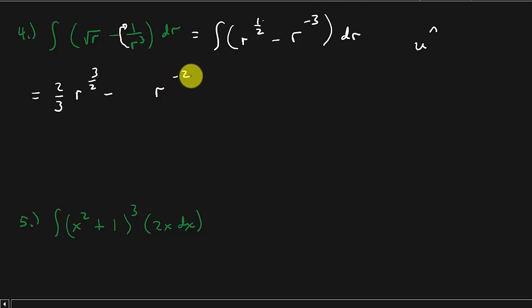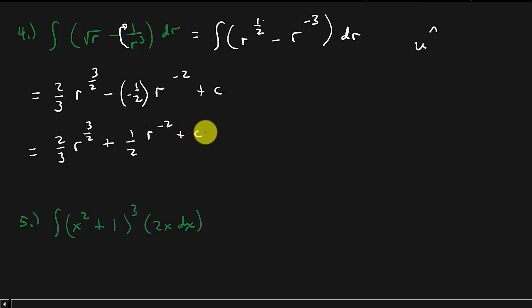And then multiply by the reciprocal of the new exponent, so times -1/2, and that's plus c. And so we clean it up a little bit. So that's 2/3 r to the 3/2. A negative and a negative is a positive, and now let's go ahead and put an extra step in here. That's r to the -2 plus c.